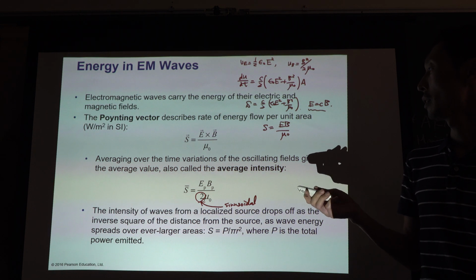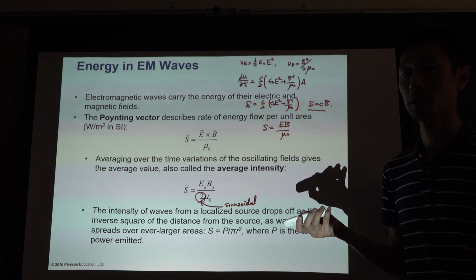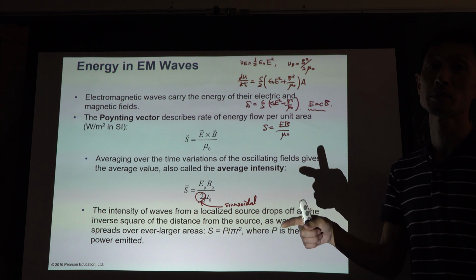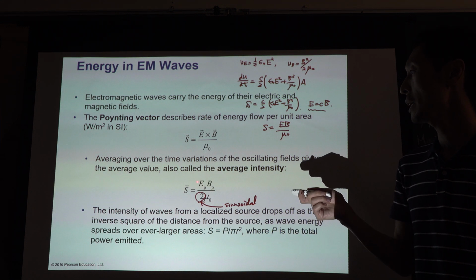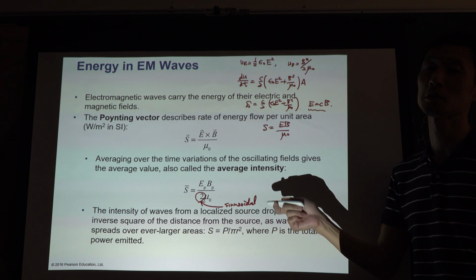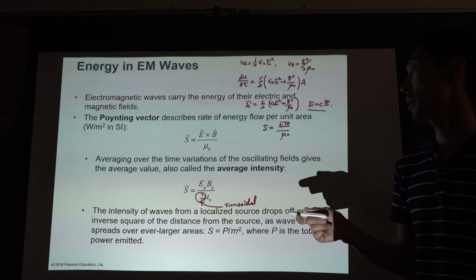And then if you want to know the average intensity, this is a sinusoidal curve, right? So you just divide the peak by square root of 2. Then this is the average intensity.